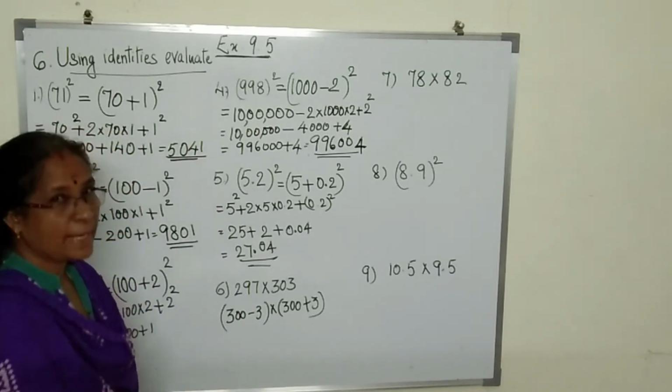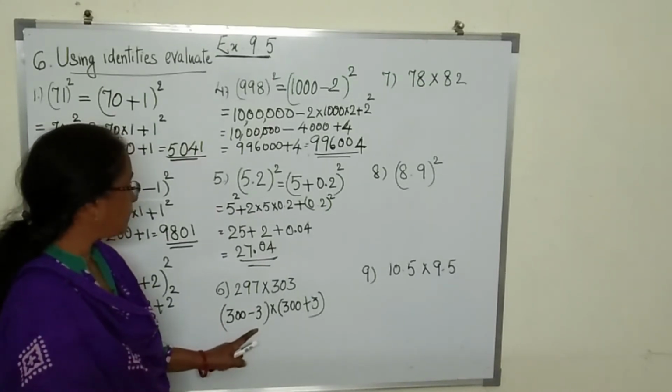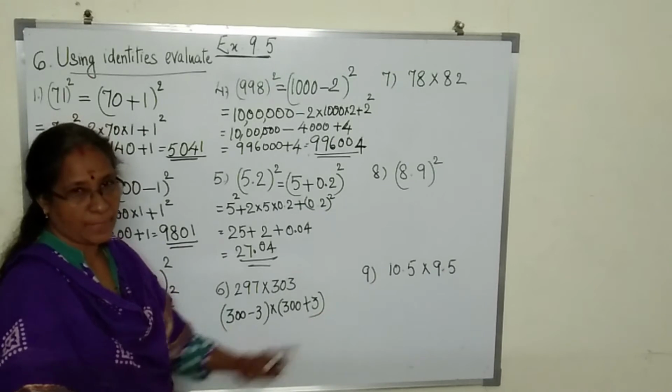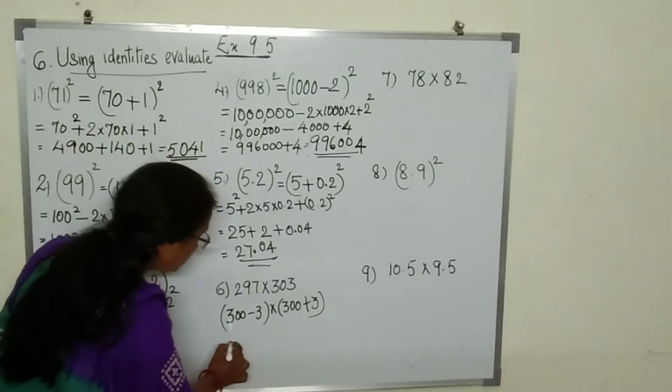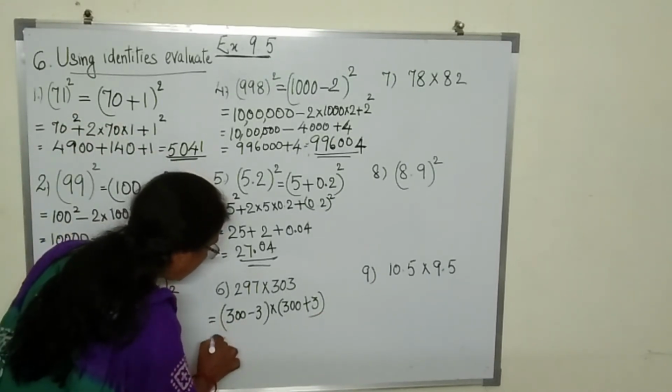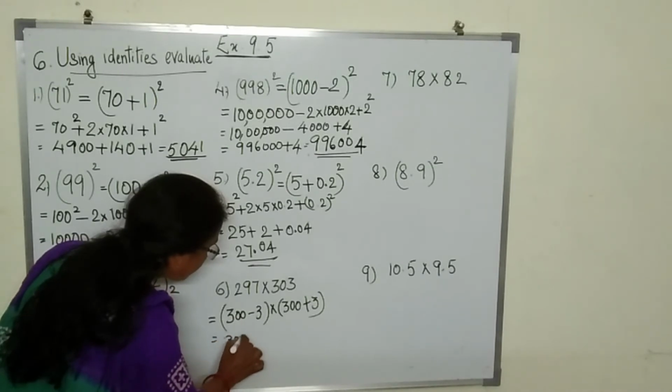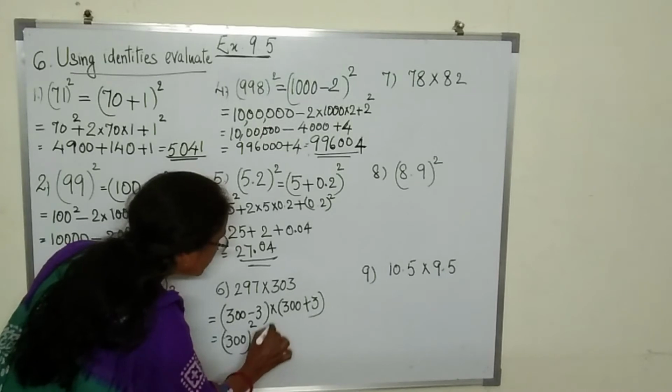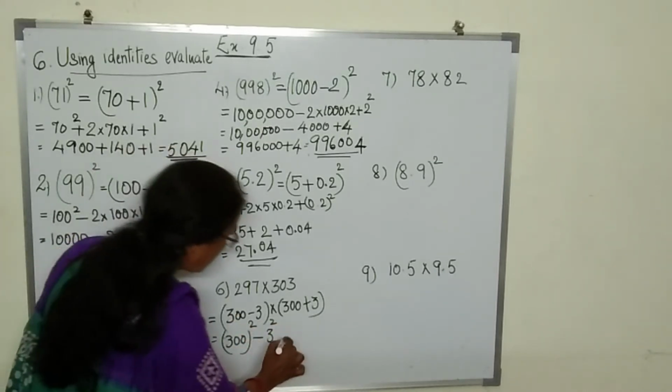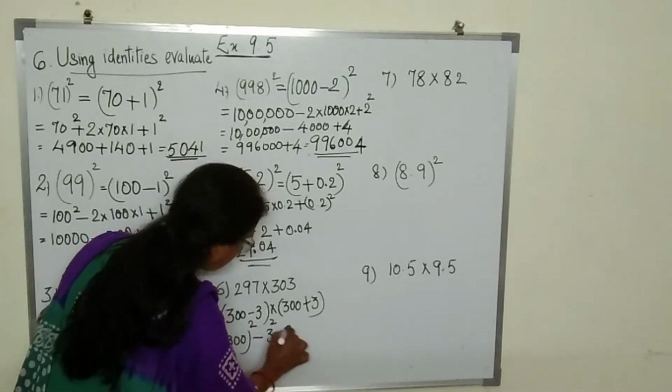So how does it look like? (a minus b) into (a plus b), which is equal to a square minus b square. What is a square? 90,000. And b square, 3 3s are 9.